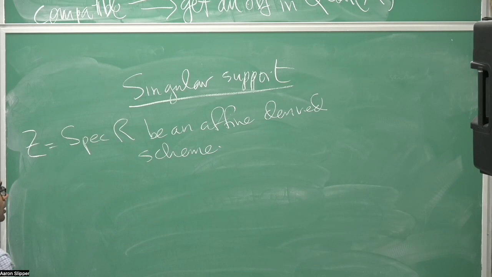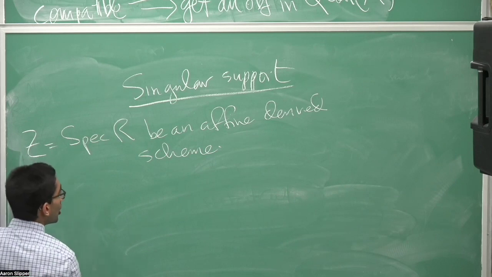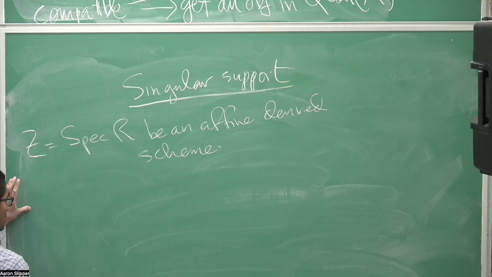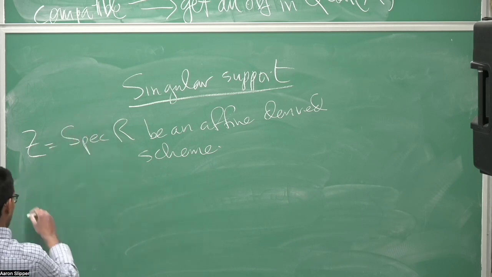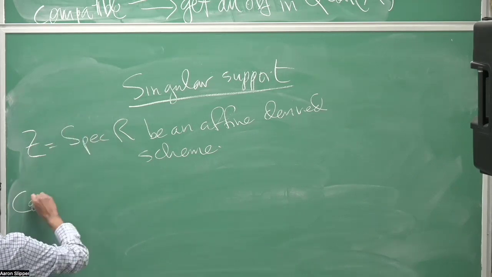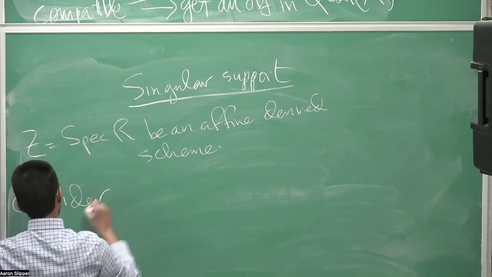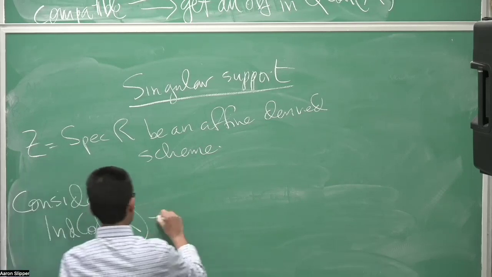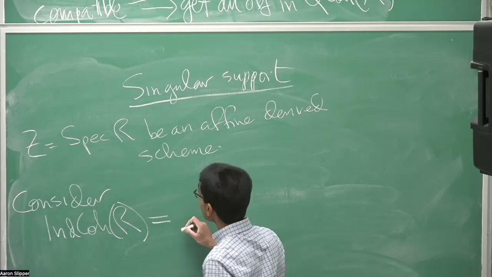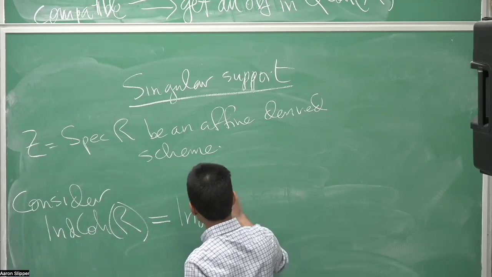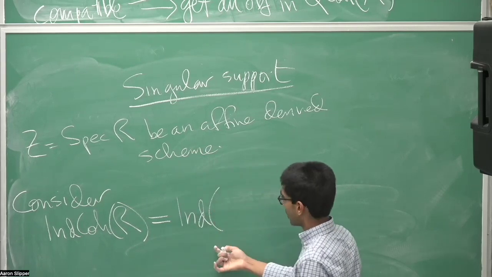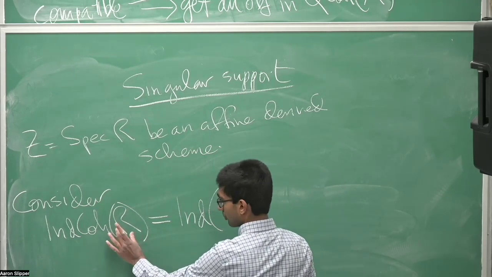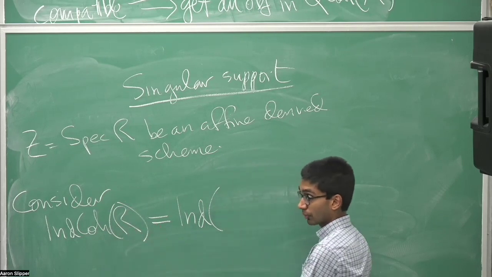Then Gaitsgory and Rosenblum, following earlier work, consider this category Ind-Coh of X. So consider Ind-Coh of C or Ind-Coh of R. And by definition, this is the Ind category of the infinity category of coherent R modules.